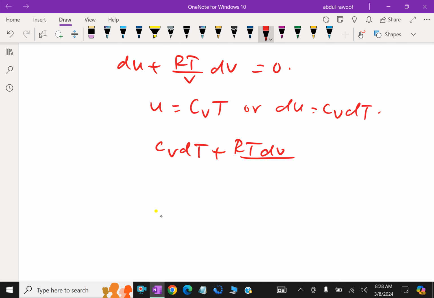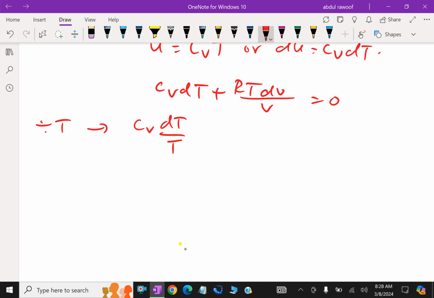Then dividing throughout by T, we get Cv dT by T plus R dV by V equals 0.